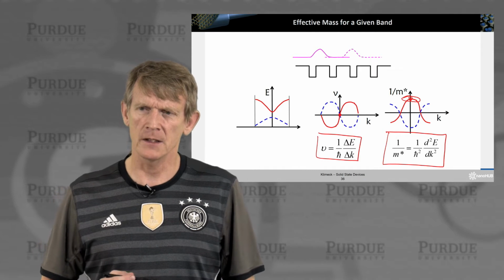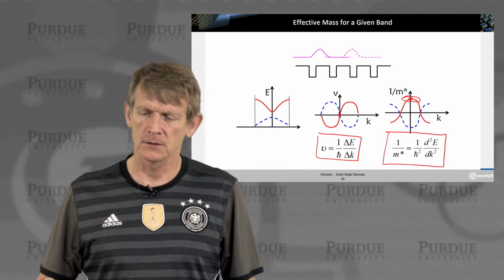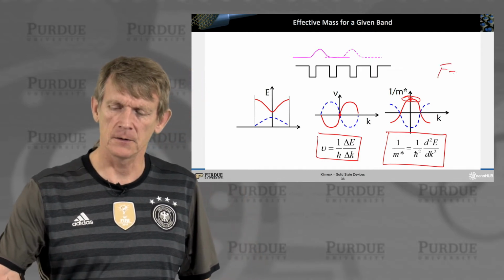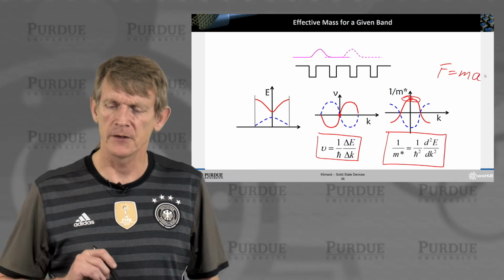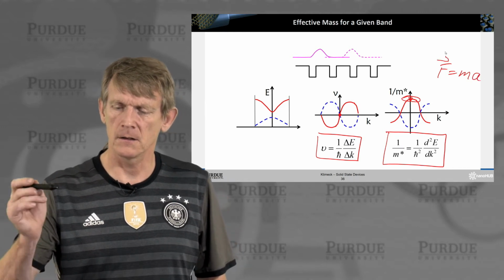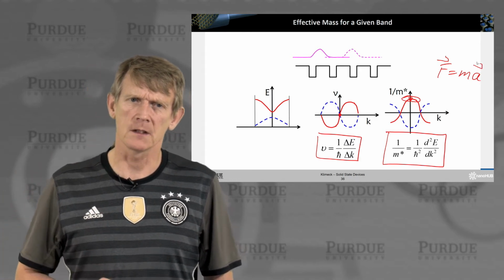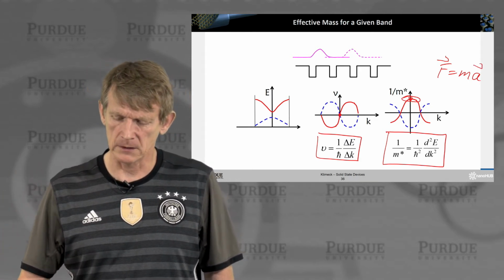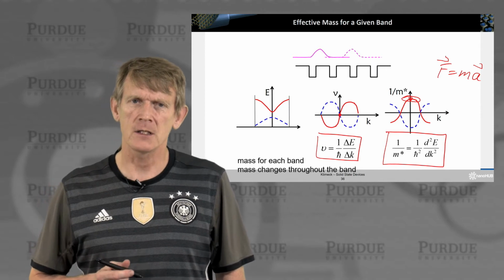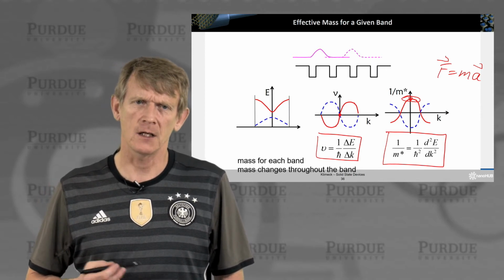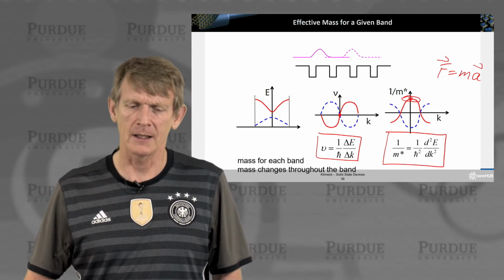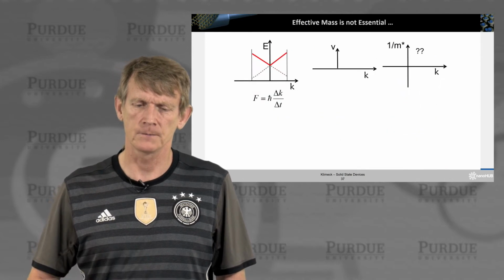So this is a particle that has a negative mass. What that means is, you have F equals ma. If you push it with a vector in one direction, it actually moves the other direction. So that means this particle behaves opposite of the normal classical particle in terms of its force.